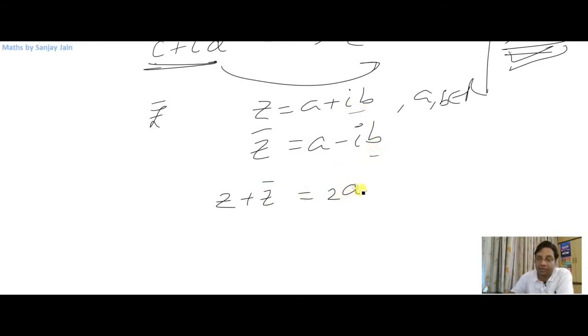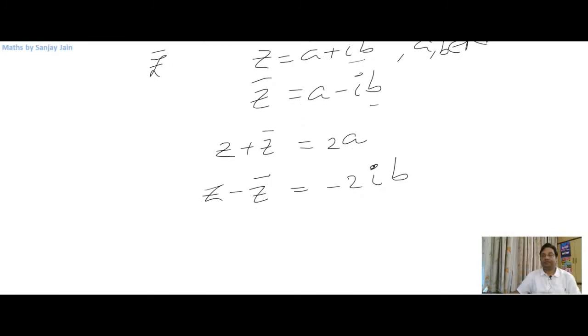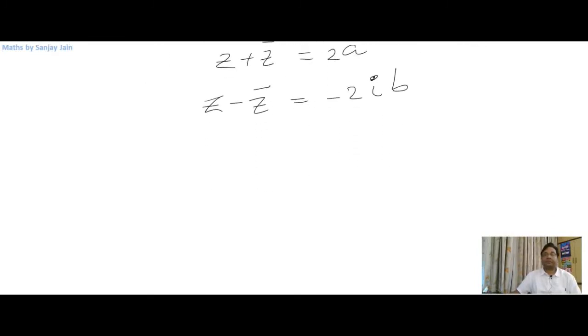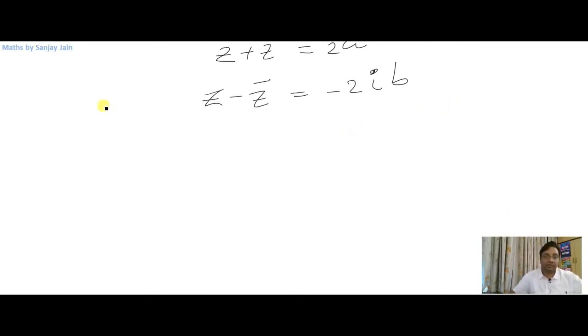You will get 2a. So z plus z bar is a purely real number, right? And what is z minus z bar? If you subtract, a will get cancelled, you will get minus 2 iota b, right? Minus 2 iota b. So these are some of the things I wanted you to appreciate.